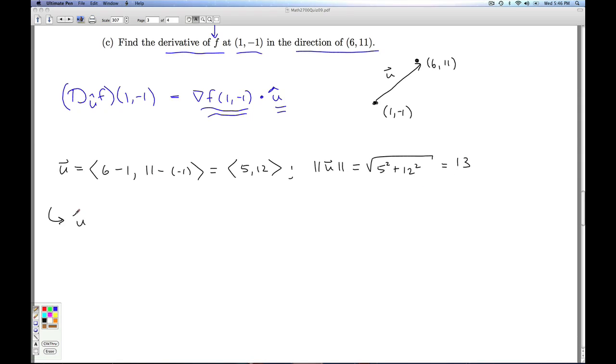So this leads me then to what u hat is. u hat is 1 over the magnitude of u, which is 1/13 times 5, 12, which is 5/13, comma 12/13. So that gives us the direction. Well, now we need to go back and recall what the gradient was.